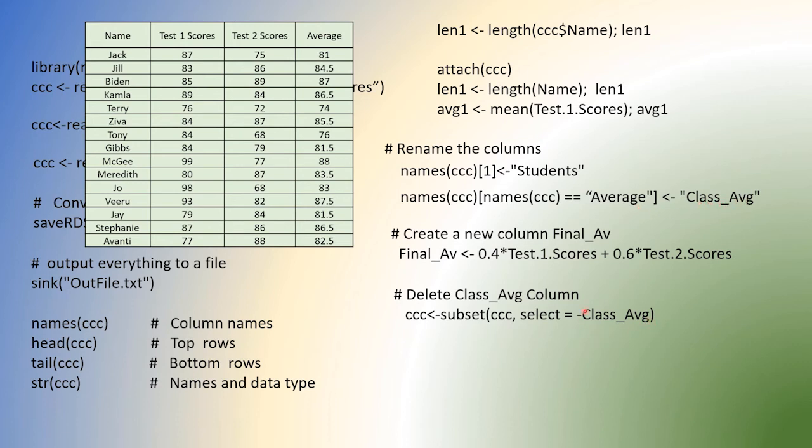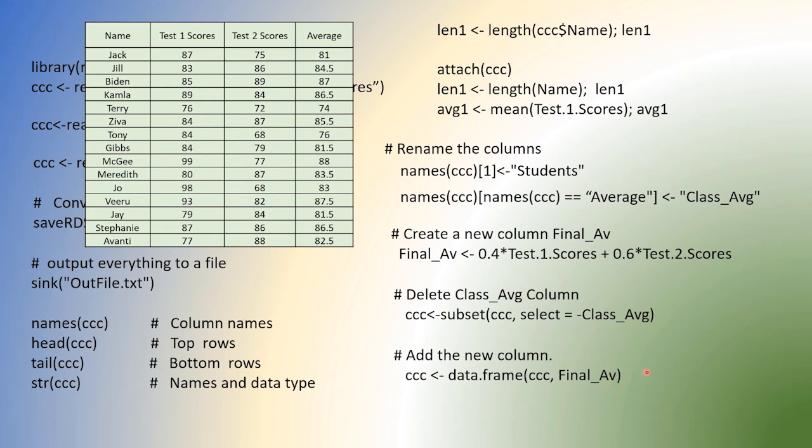So when I say minus, that means this new data frame will have all the columns except for this column. Now we can add this one to our file. Until now, this is just another vector, just a bunch of numbers. Add the new column. The data frame now becomes the data frame and final AV. So the new file we have will have 4 columns, slightly different from the old file.